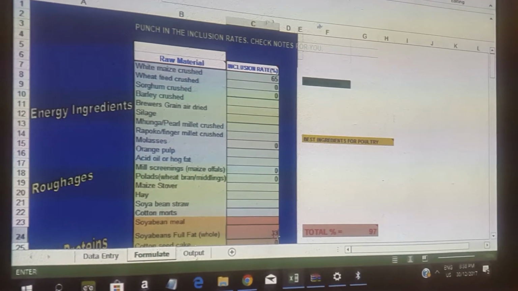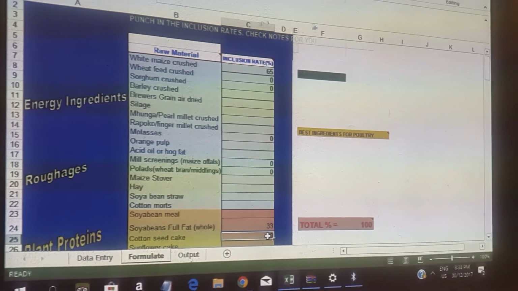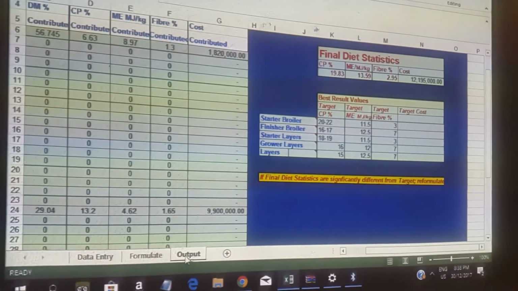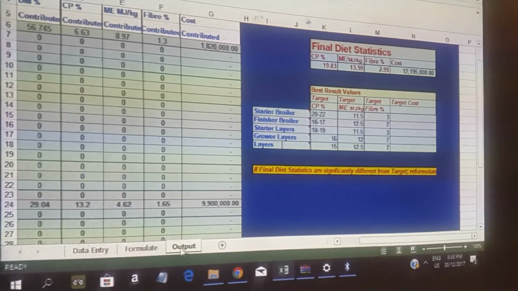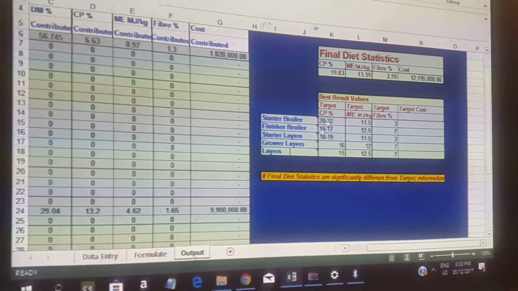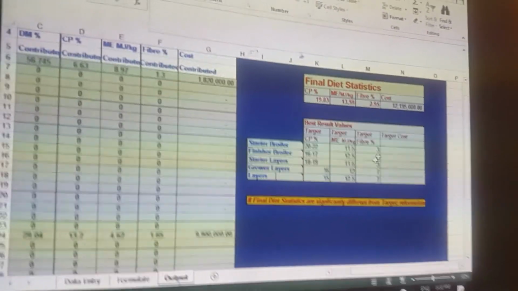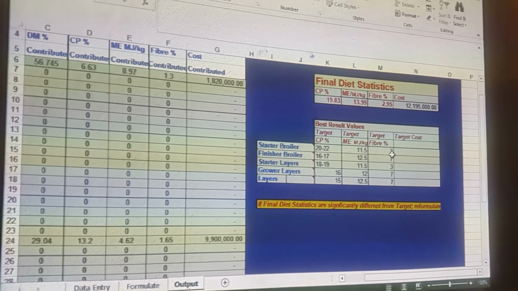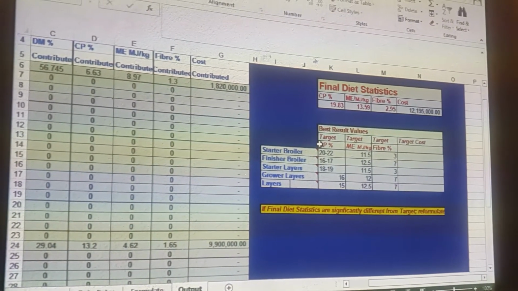What if I were to put the soybean there at 3.3, I'm on 100. Where are we? Right, you can see there, I'm on 2.95 on the fiber content, which is just about 0.5 close to what we need on the fiber.